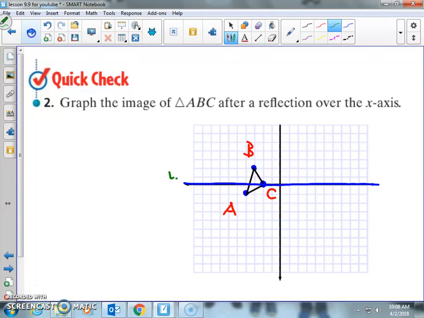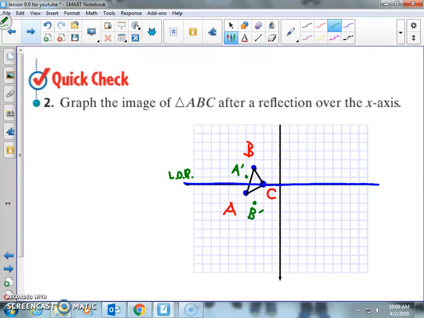So LOR, this is my line of reflection, the x-axis. Well, point B is 2 spaces above the line of reflection. So the copy of B, also known as B prime, is 2 spaces below. Point A is 1 space below the line of reflection, so A prime is 1 space above.